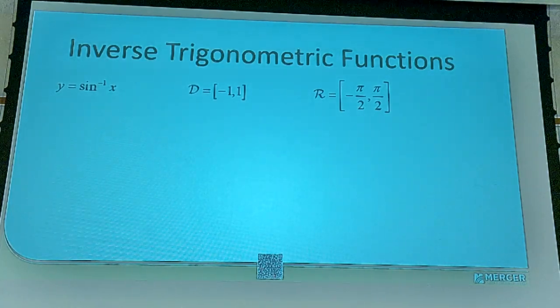Maybe think in terms of quadrants as well. What quadrants are minus pi over 2 to pi over 2? Third quadrant? Second? Fourth quadrant. First and fourth. Yeah. It's the right semicircle.